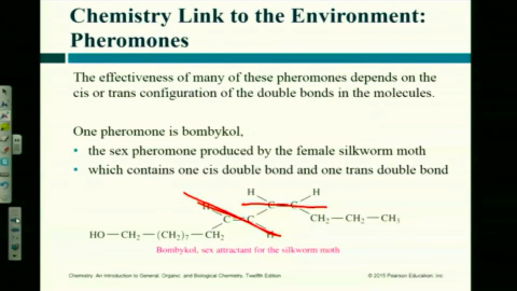What's a fat at room temperature? Is it a solid or liquid? Fats are what at room temperature? They're solids, right? Butter is a solid, isn't it? And it's a fat. What about oils? Oils tend to be liquids, like vegetable oil is a liquid at room temperature.